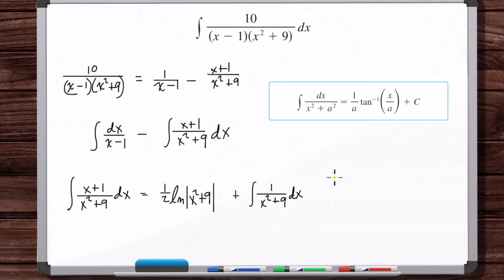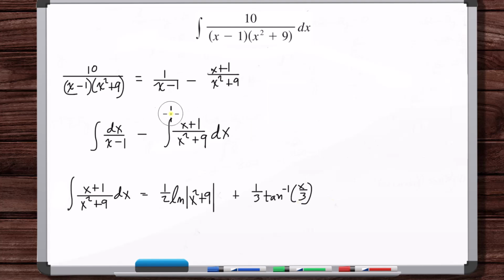Here's the formula. So this integral is, where a is 3, so 1/3 arctangent x over 3. Okay, so 1/3 arctangent x over 3.